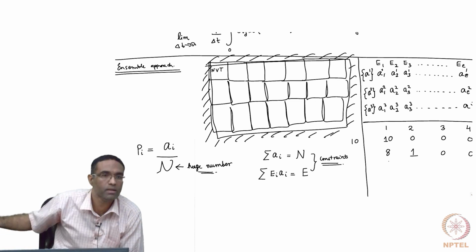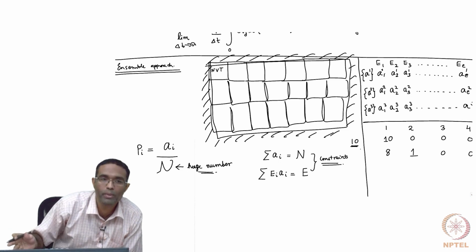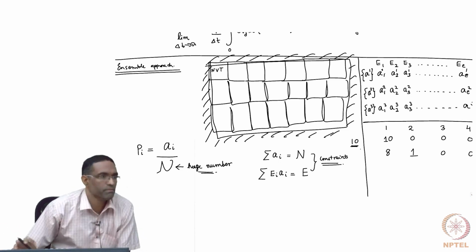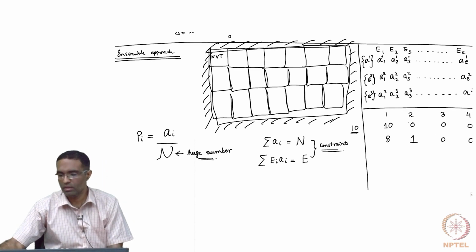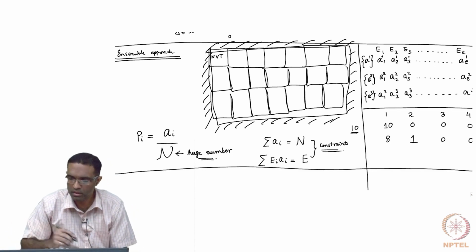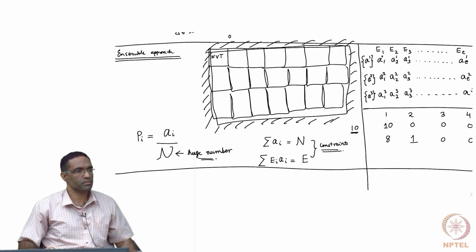I can keep writing, and if I increase this number to a large value, you can imagine how many different distributions I can basically have, right? Huge number. What determines small d? Any finite energy. So that depends on our total energy.